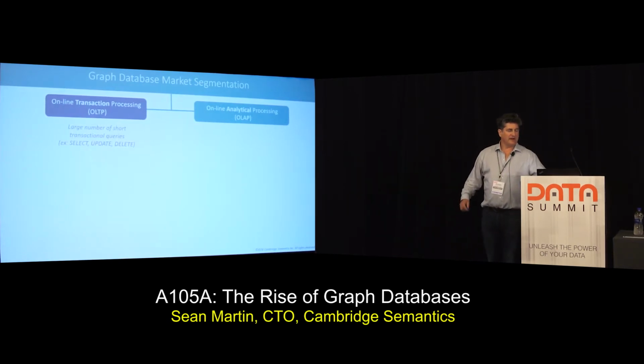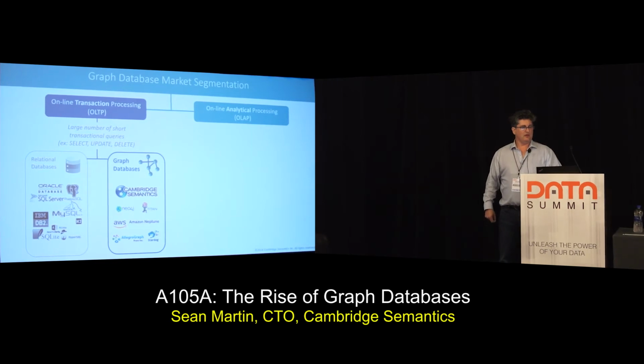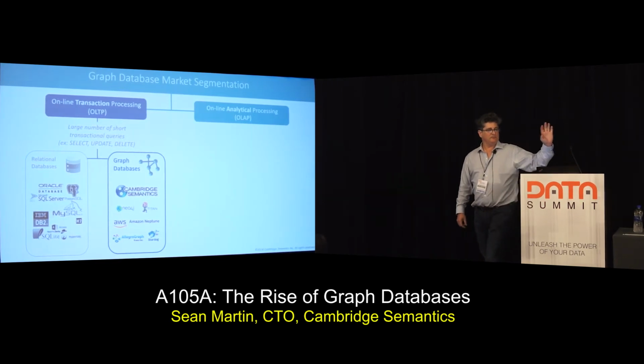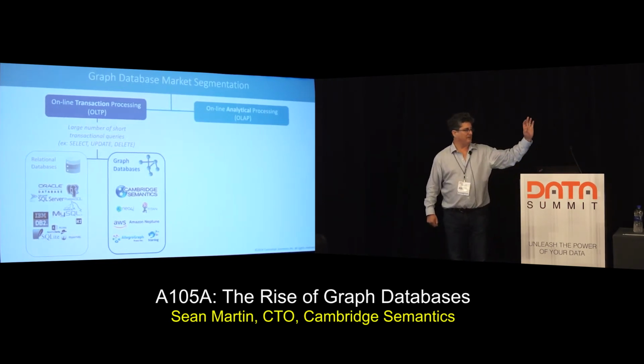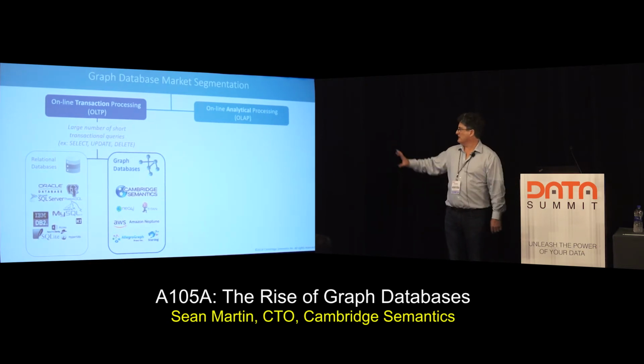So there are examples of each of these. In the case of the OLTP, we're doing single record fetches generally. We're looking close in and we're doing reads and writes pretty rapidly. We're doing transactions. We care about ACID, those kind of things. And these are examples of the relational versions of OLTP as well as some of the graph versions. Now, it's a little confusing.